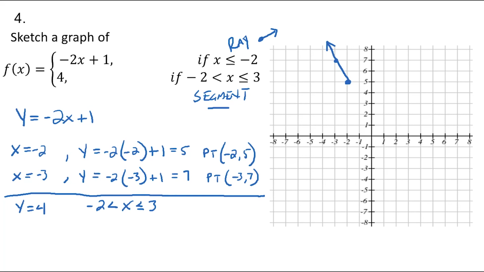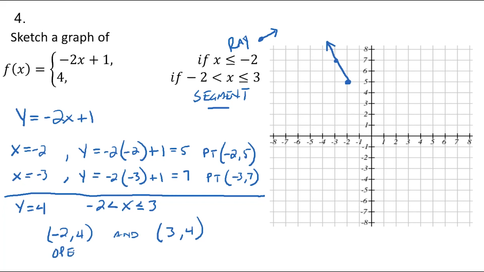So at negative 2, you're going to have a positive 4, and then at positive 3, you're going to have another positive 4. But this is going to be open.